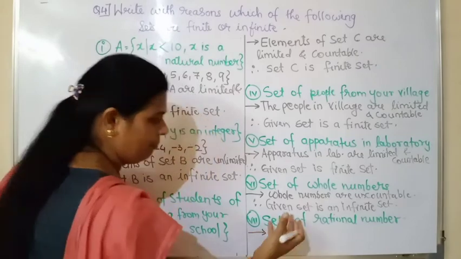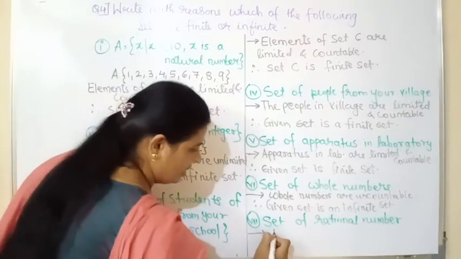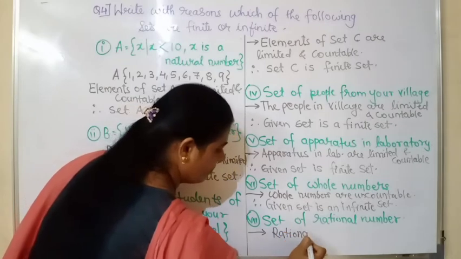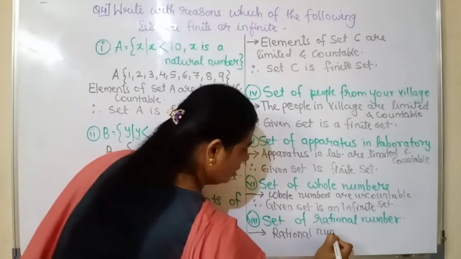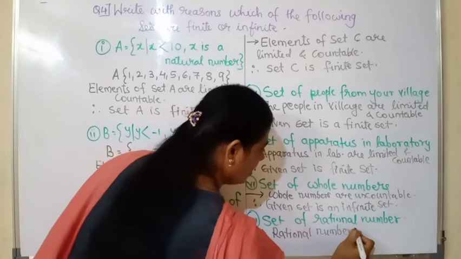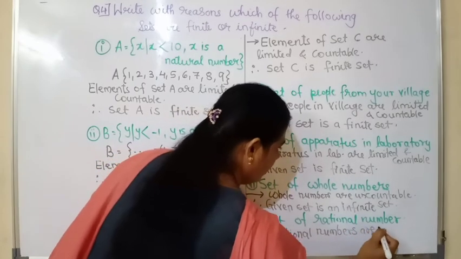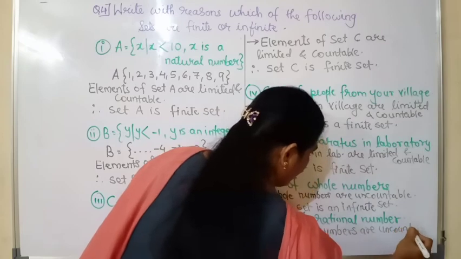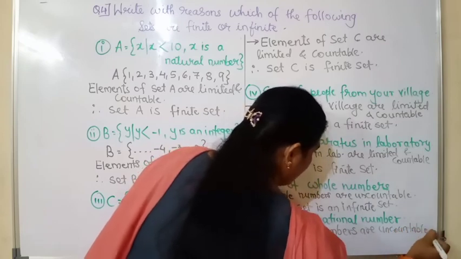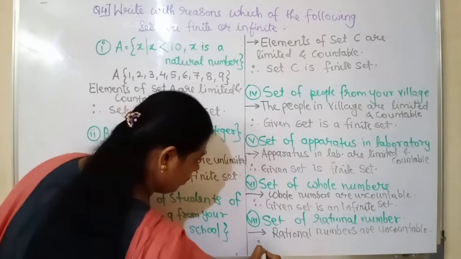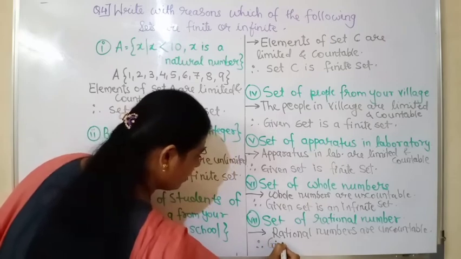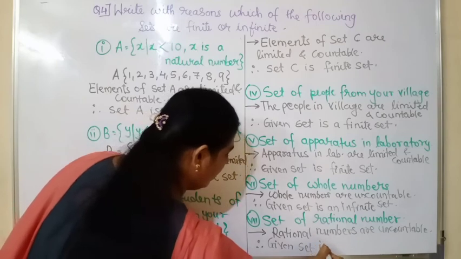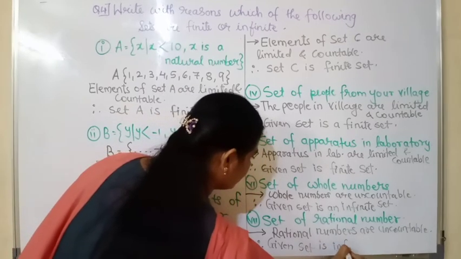For the same reason we will write here that rational numbers are uncountable. Therefore the given set is an infinite set.